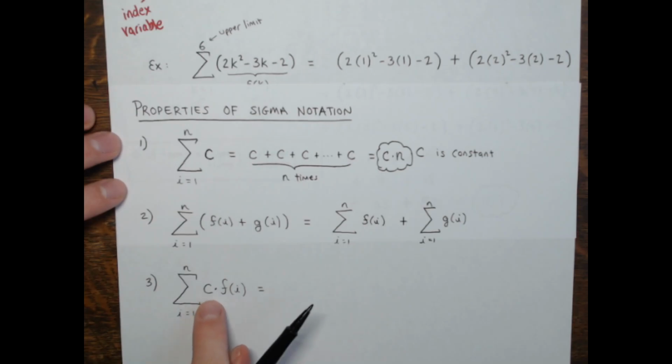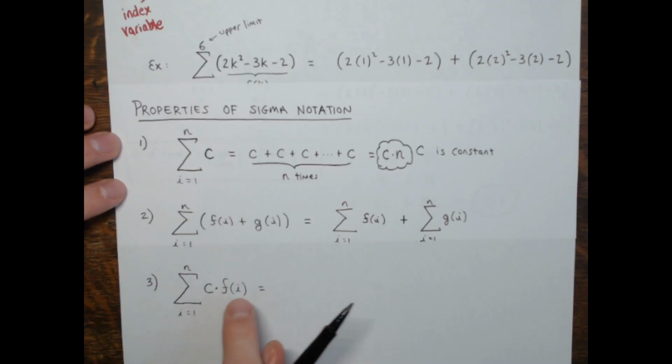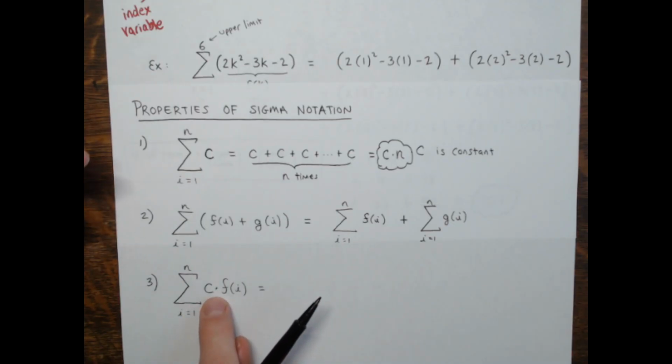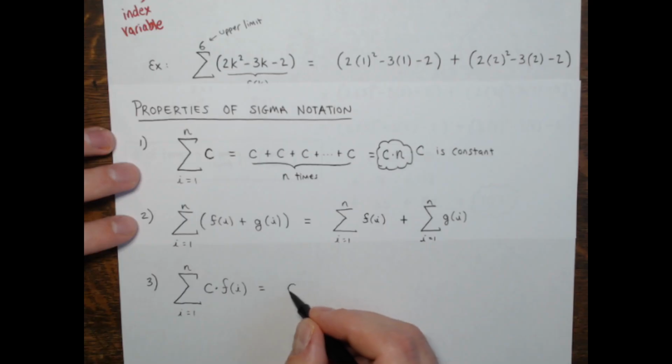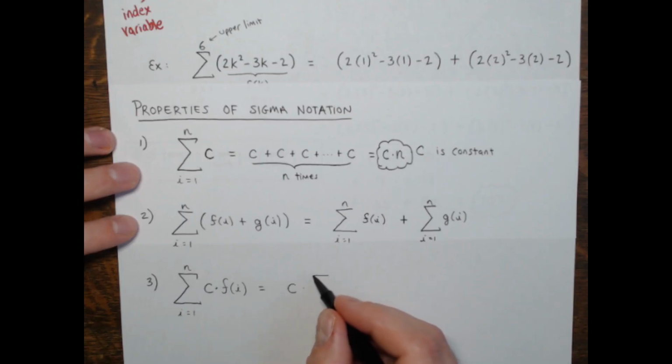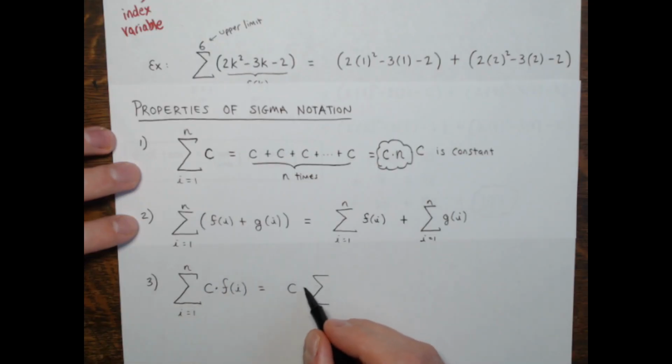Well, again, it would be c times f of 1 plus c times f of 2 plus c times f of 3. Every single term would have this common factor of c. So you can factor that out from the expression. So pull the constant out, c times the sum of just these f of I terms.